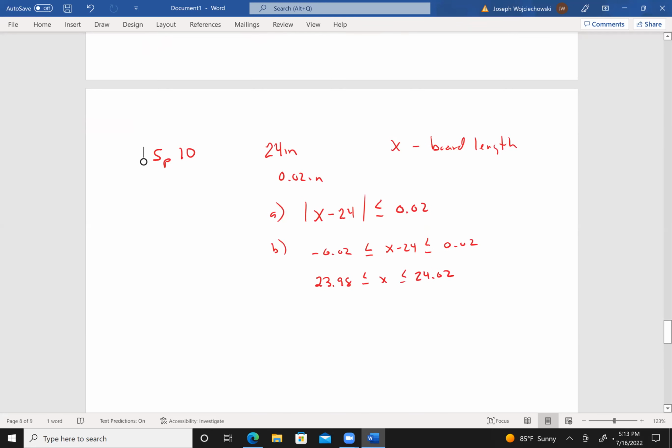So we solve the inequality in part A and interpret the meaning. This means the board length must be between 23.98 inches and 24.02 inches.